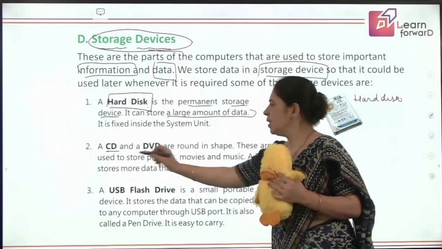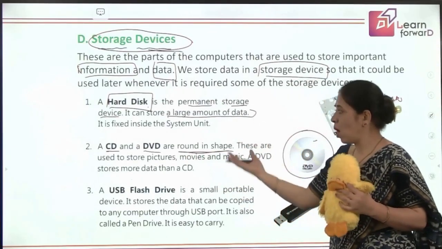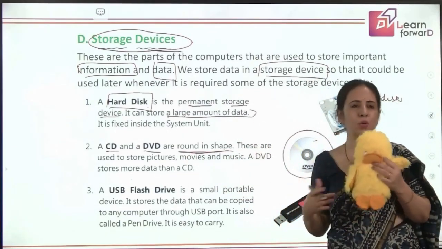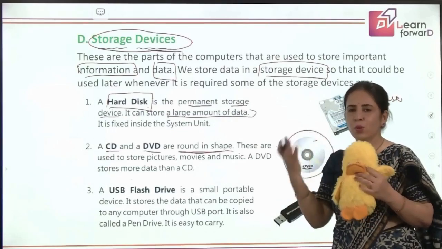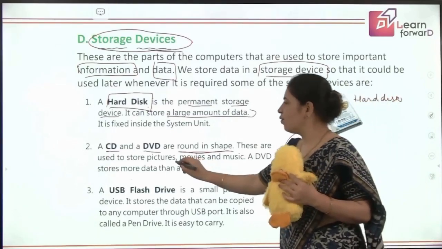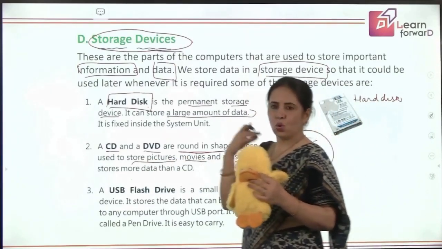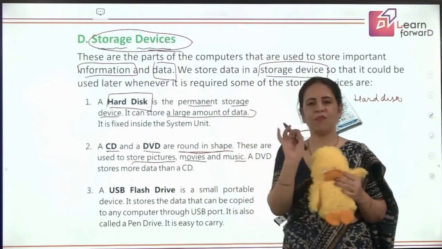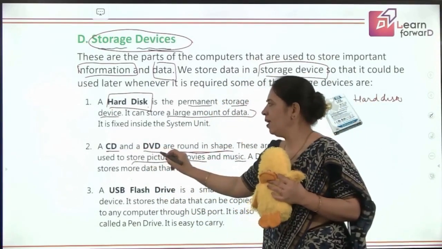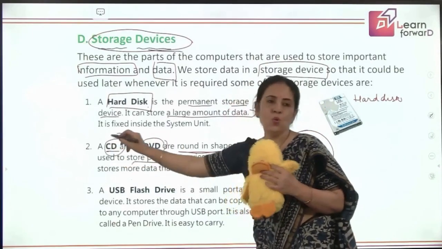So CDs and DVDs are storage devices which are round in shape, and they are used for storing anything like pictures, documents, music. You could store everything, even movies inside it. Now I'll just tell you a very small difference between the CD and DVD. DVD can store more data compared to CD.